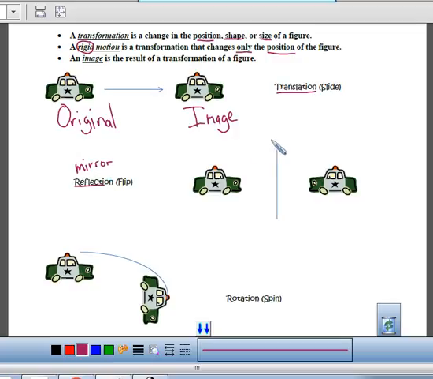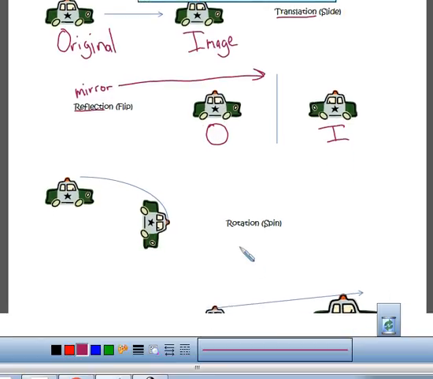And our mirror is this right here. And our original is flipped over the mirror, and here is our image. Okay. Another type is a rotation. And that is a spin or a turn. So if this is our original figure, this is our image.